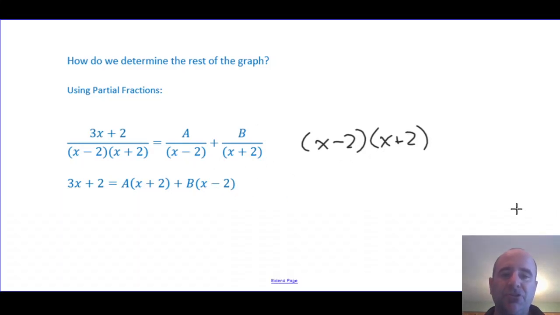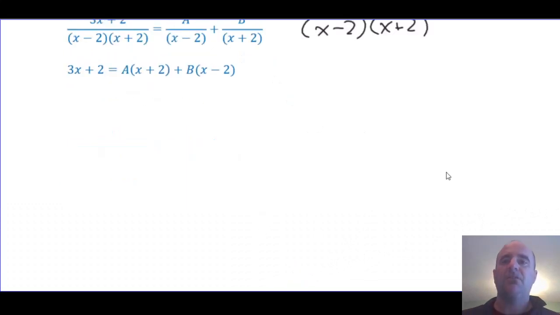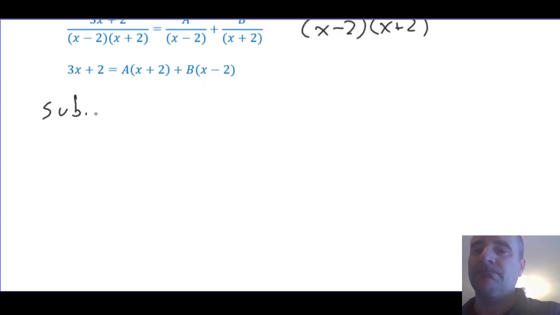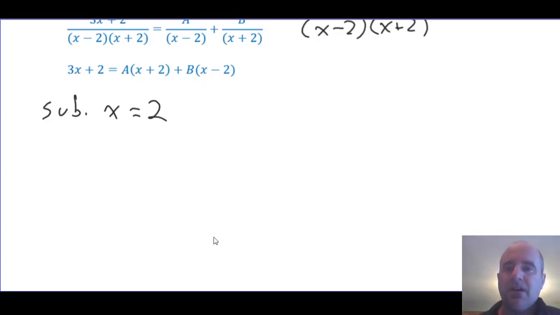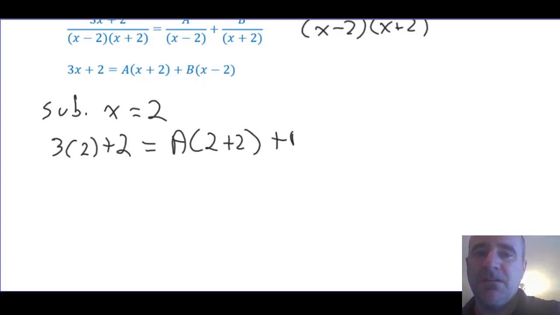And the little trick I'm going to do right now is take this equation and start by subbing in x equals 2. When I do that, I'm going to get 3 times 2 plus 2 equals a times 2 plus 2 plus b times 2 minus 2.